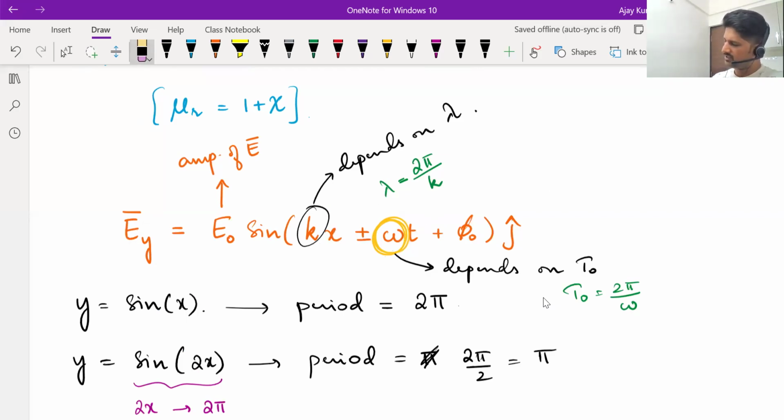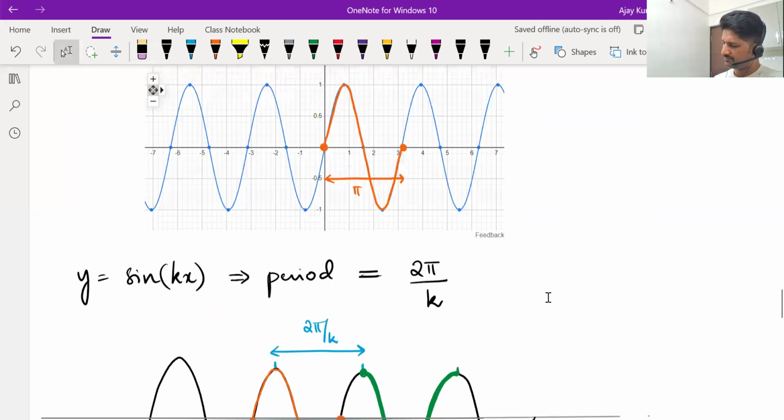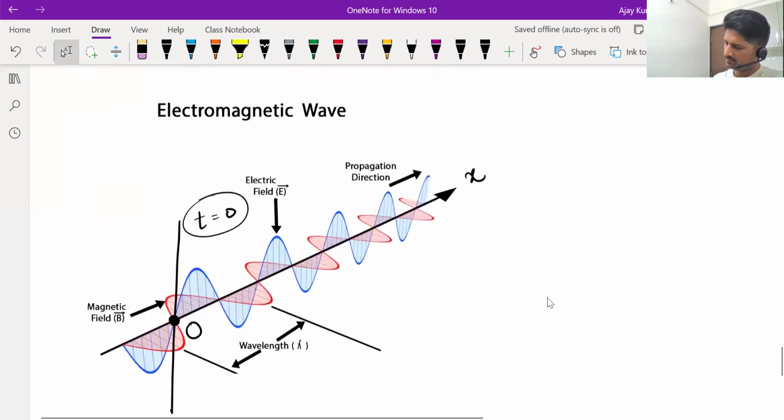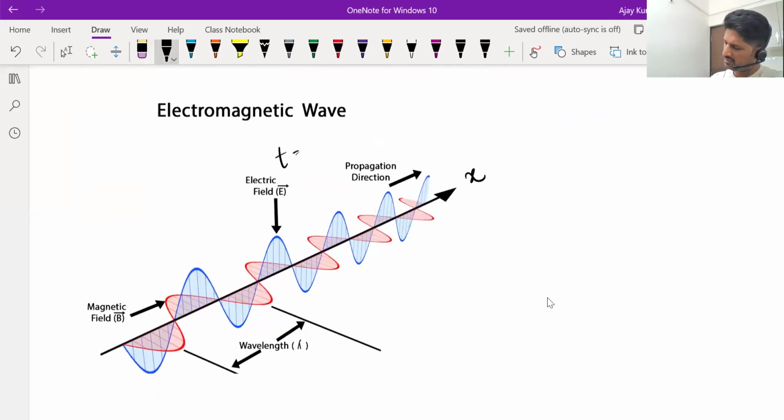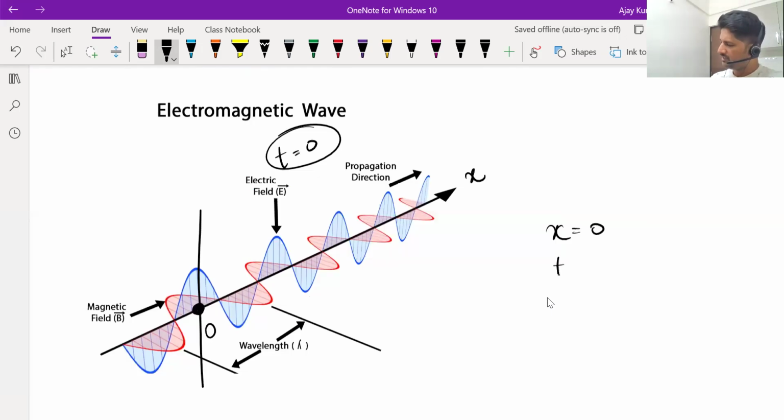Now, it's also possible that the origin is somewhere else. Let's say this is the representation of the wave at t equal to 0 itself, but assume this is the origin. As you can see, at the origin at t equal to 0, origin meaning x equal to 0, the electric field is at its positive extreme, E naught.